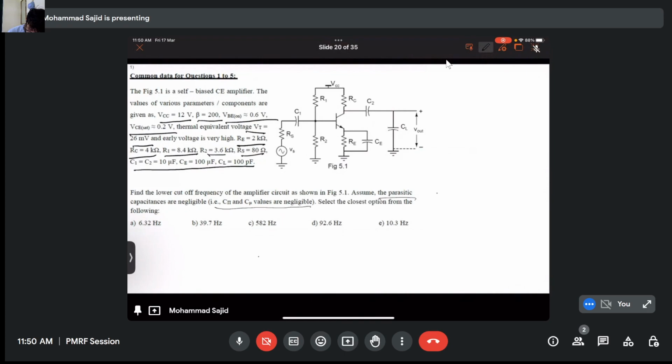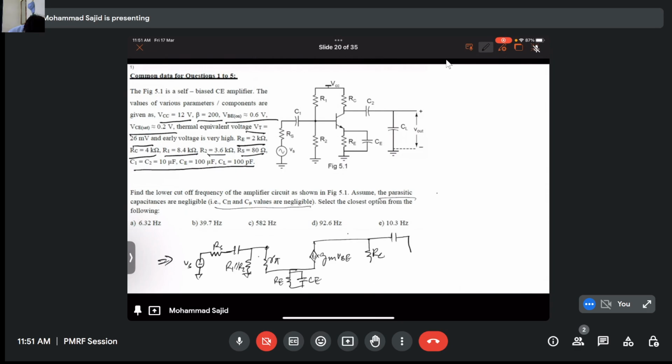Okay, so this is our equivalent circuit for figure 5.1.